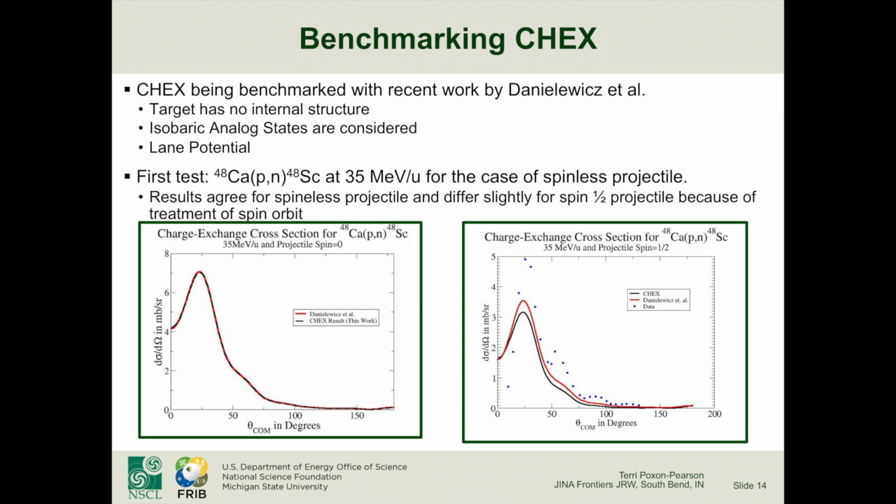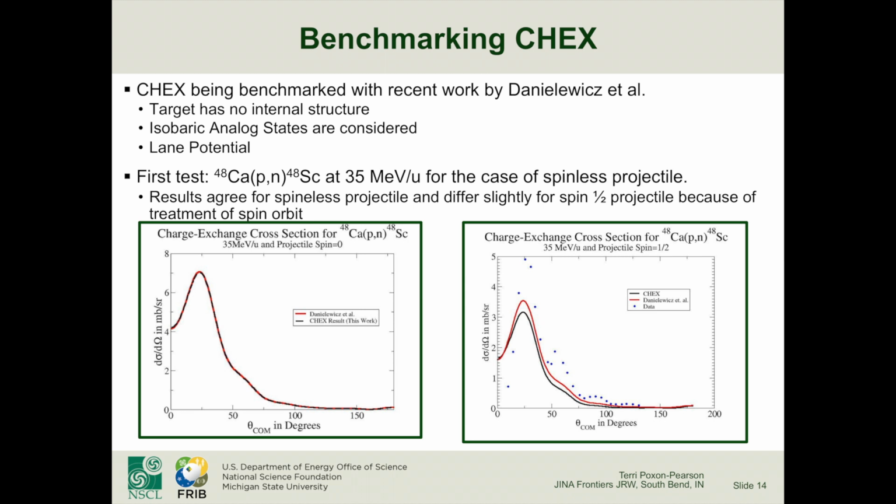The first case we looked at is calcium-48 PN at 35 MeV per nucleon. So here you just have the cross-section. It's an angular distribution, so this is the angle. And you can see that for the case of a spinless projectile, we have perfect agreement. That's obviously not physical. Protons have spin 1/2, but it greatly reduces our calculation and helps us pinpoint problems.